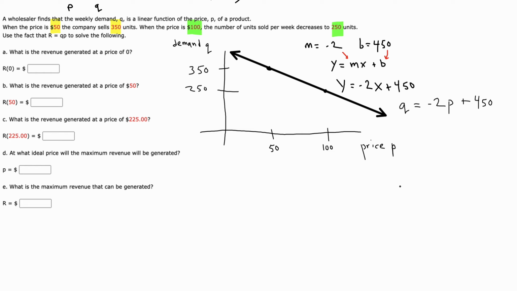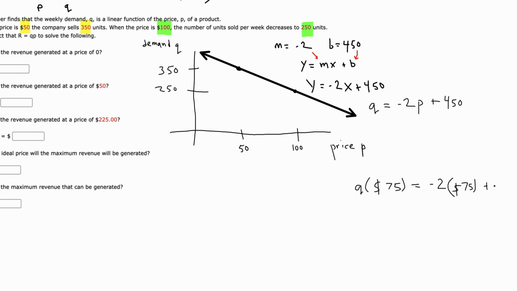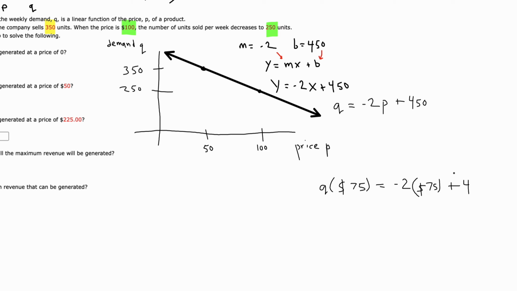Just quickly, for example, if we wanted to know how many units would sell for a price of $75, you could plug that in for P and then solve for the expected demand.